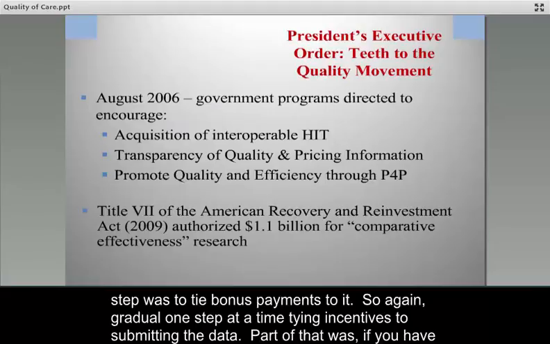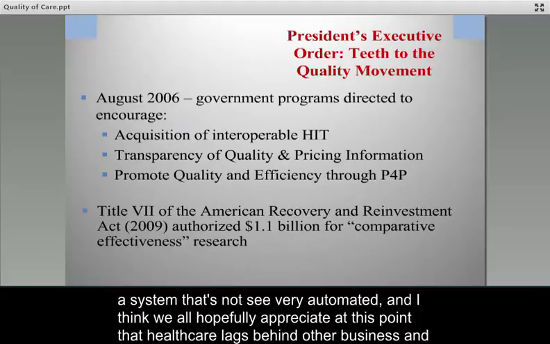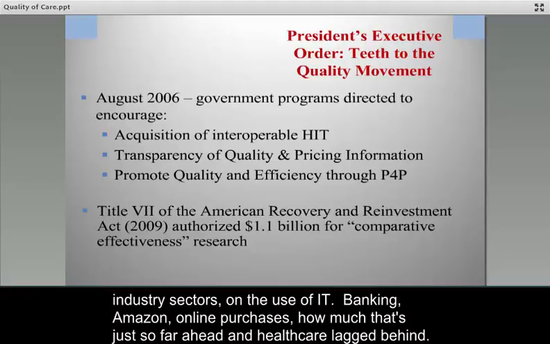Part of that was, if you have a system that's not very automated, and I think we all hopefully appreciate at this point that healthcare lags behind other business and industry sectors on the use of IT, banking, Amazon, online purchases, so much that's just so far ahead, and healthcare lagged behind.